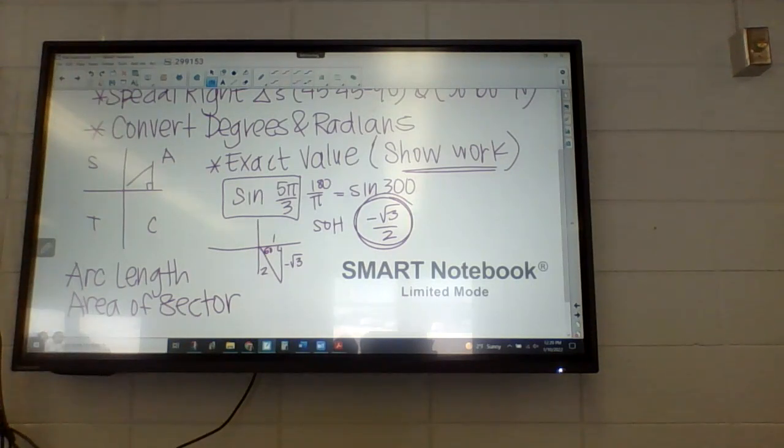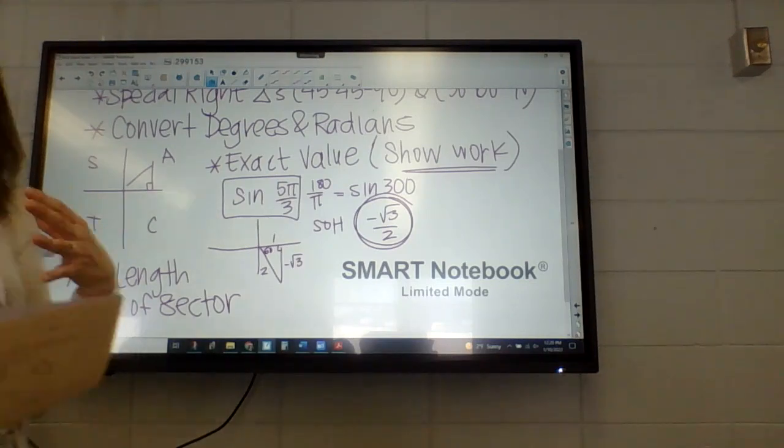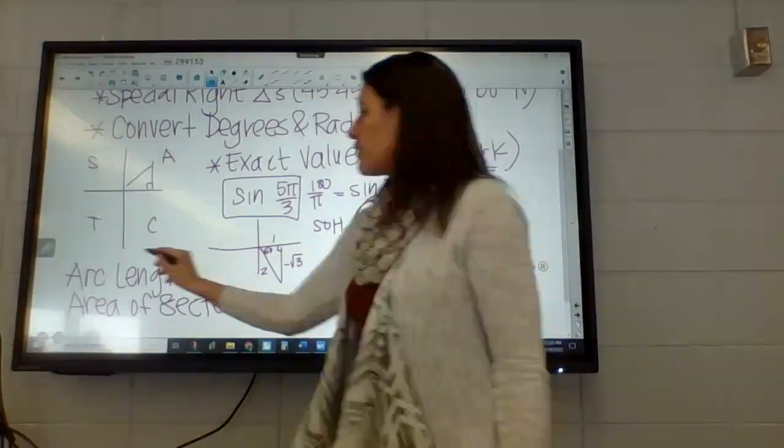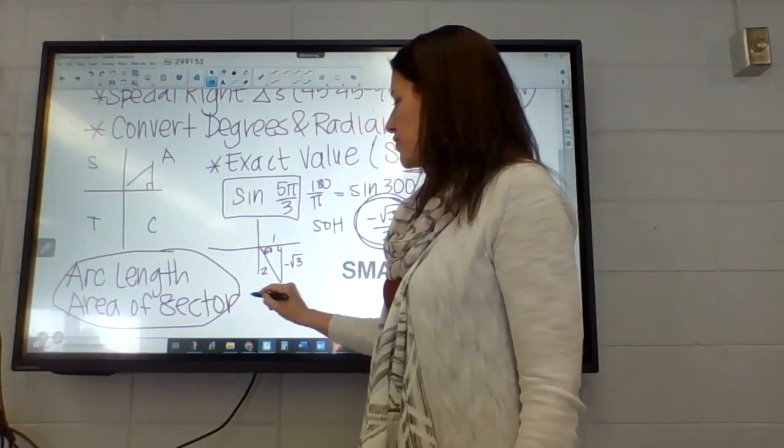So if you ever want to look at a problem like that, we have a test review for every chapter. It might not be bad to go look at those test reviews from each chapter if you still have them. So these are formulas. There's a formula for radians and one for degrees.